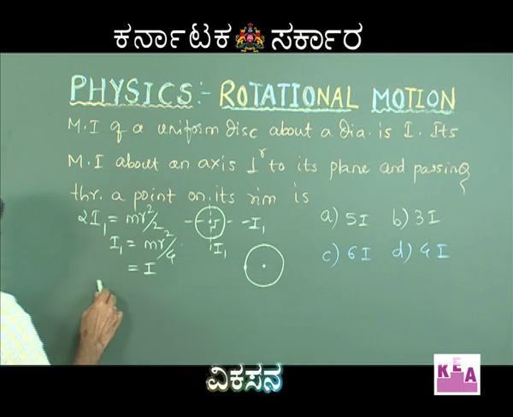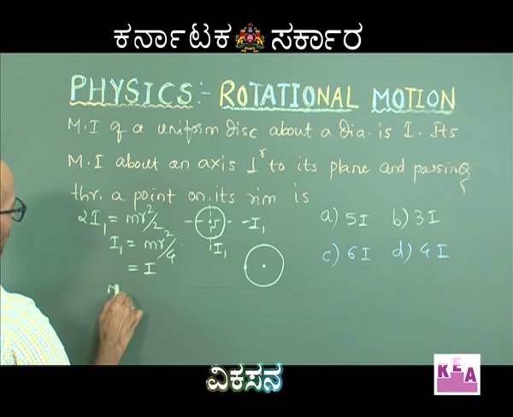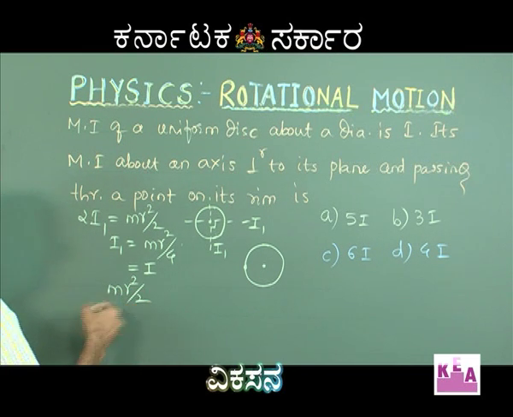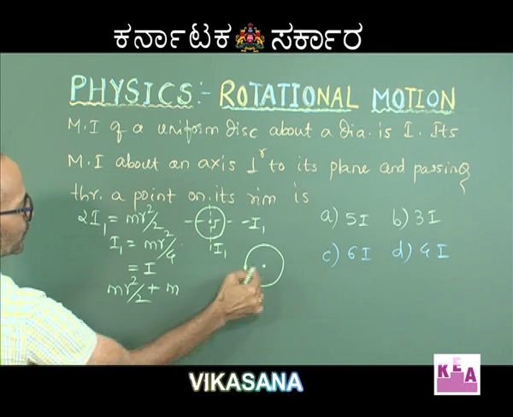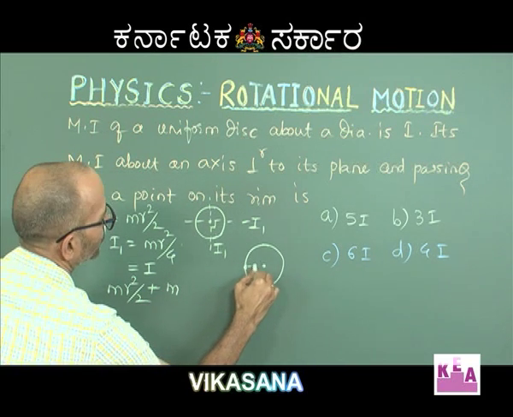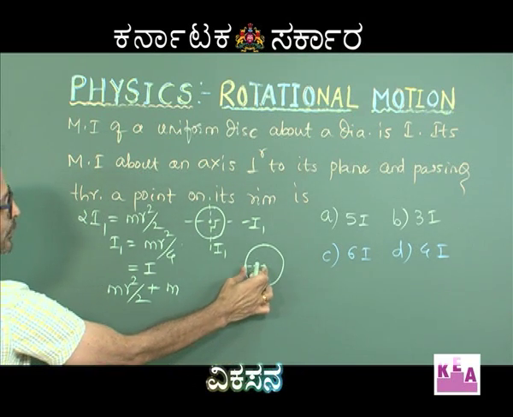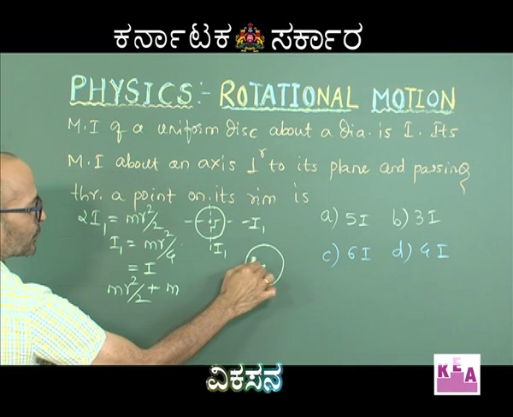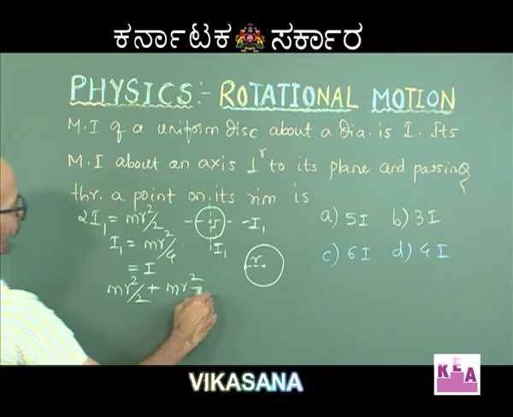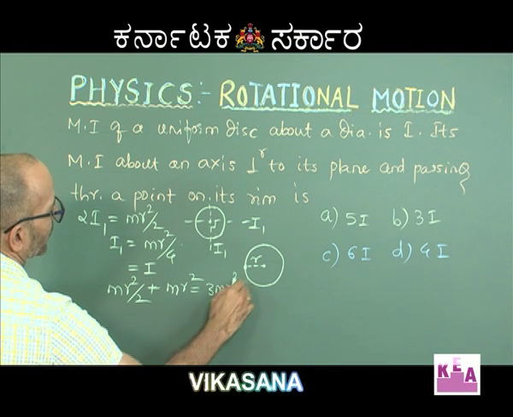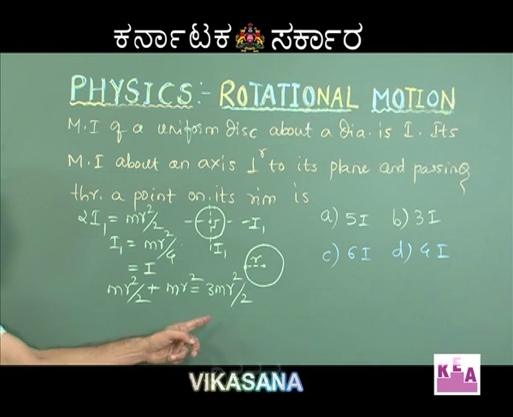It is mr square divided by 2, which is the moment of inertia about this axis, plus mass into distance square, this distance. Between the two parallel axes that you are considering, that distance is the radius of the disc. So, mr square, and that makes it 3 mr square divided by 2, right.